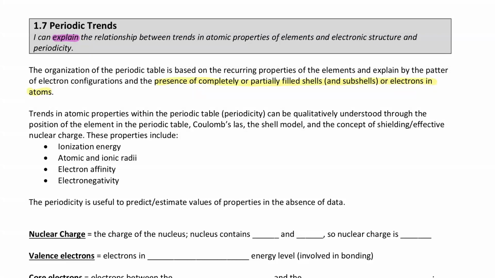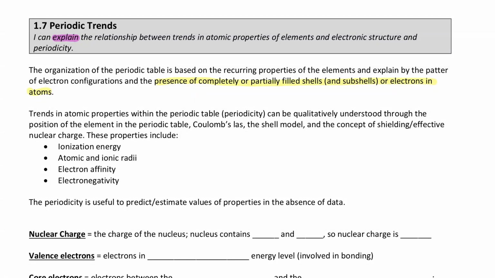Some of the anomalies that we see in our periodic trends are going to help us with that. The 4 trends that we look at with AP are ionization energy, atomic and ionic radii, electron affinity, and electronegativity. Those are our 4 main things.